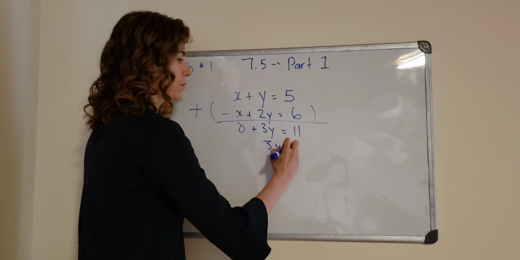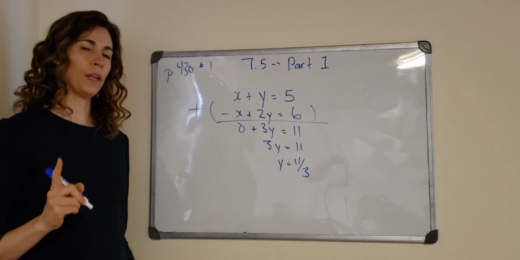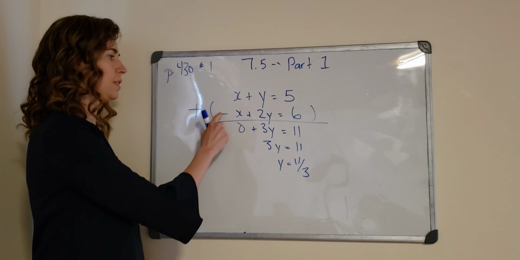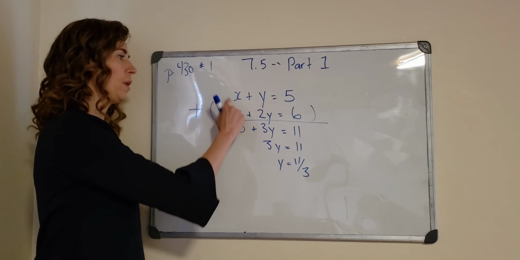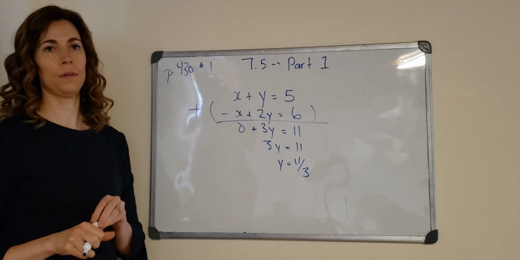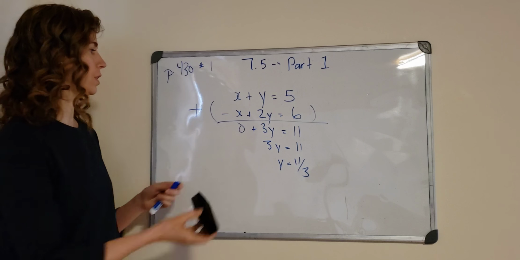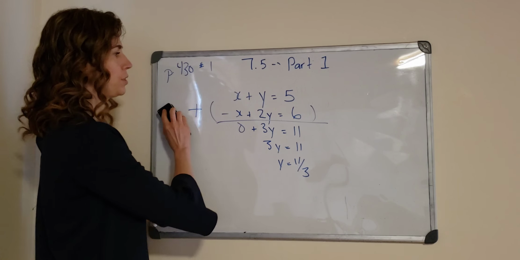You'd say 3y equals 11, so y would be 11 over 3. Okay, so that's just to show you if the signs are different and the coefficients are the same, you can just add them and it will also eliminate. So that's another option for you. All right, I won't continue solving that. You just go back and substitute in.